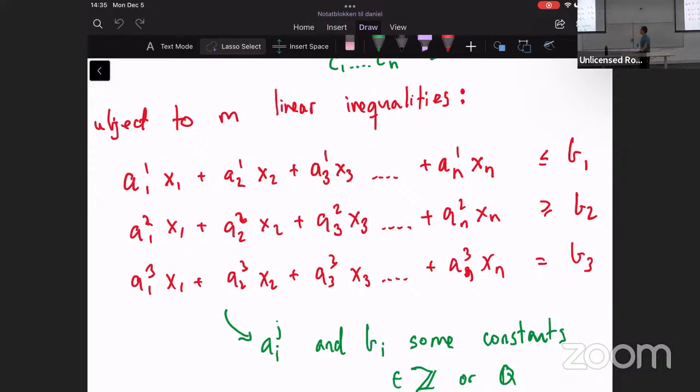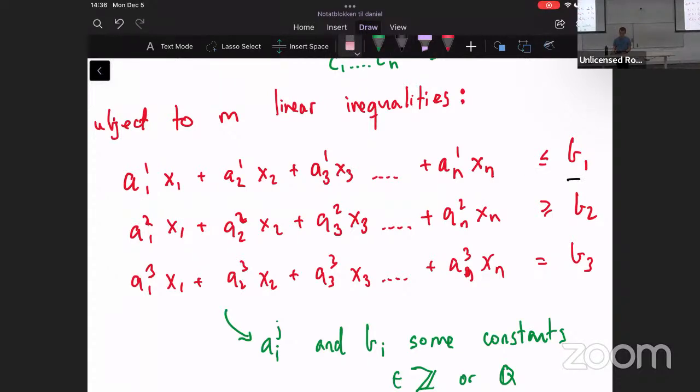So these can be of the form 5x1 plus 3x2 minus 10x3 is less than or equal to 8. 2x1 plus 3x2 equals 5. x5 is greater than or equal to 0, etc. In particular, every linear constraint can be specified by specifying these coefficients of the x's, whether you have less than or equal to or greater than or equal to, and then the right-hand side.